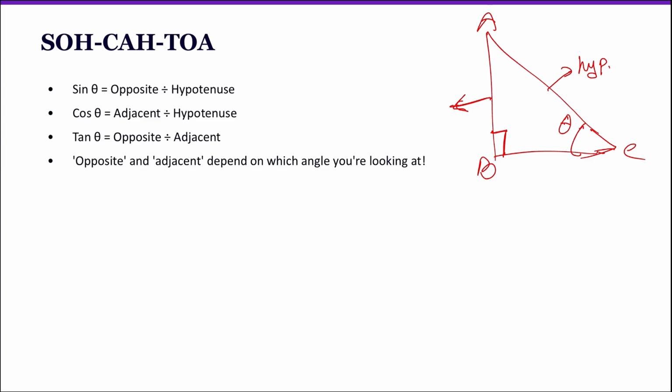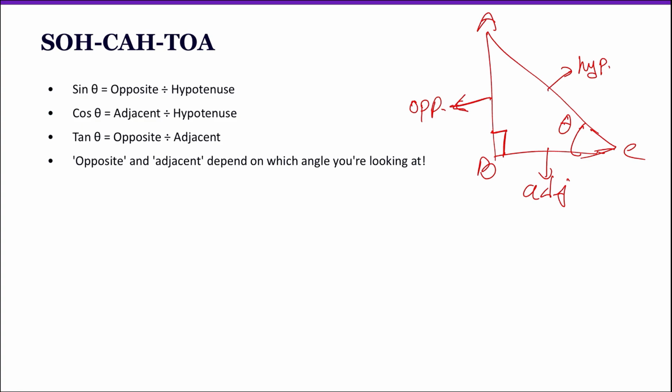Angle theta actually borders two sides, it's sitting in the middle of two sides, but those are AC and BC. Angle theta has no contact whatsoever with this side AB, so it's the opposite side of angle theta, and therefore we call it the opposite side. And then the other one, which angle theta is in fact adjacent to, BC, that's our adjacent side.